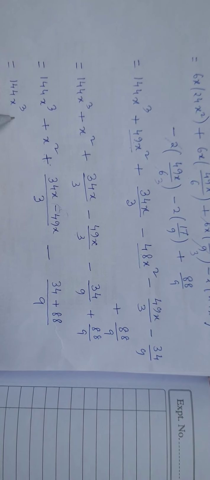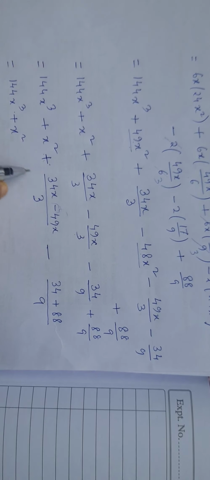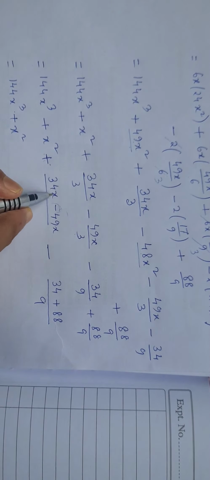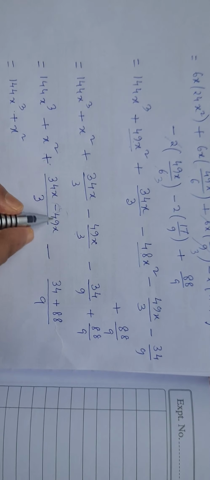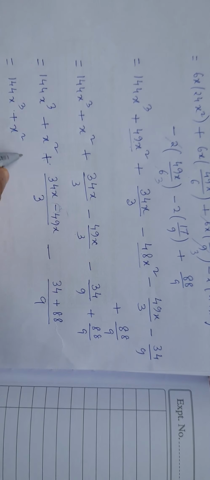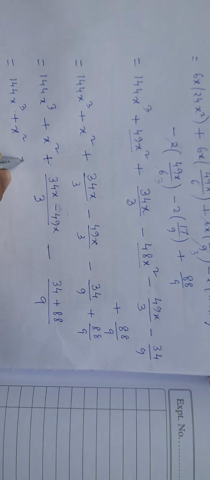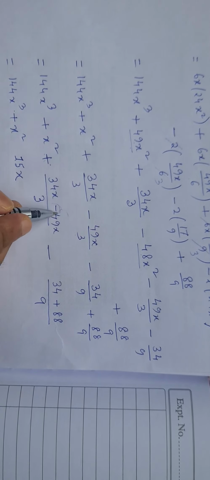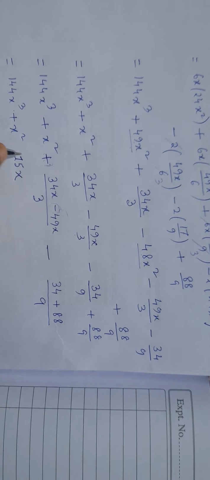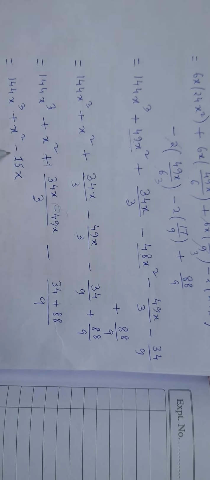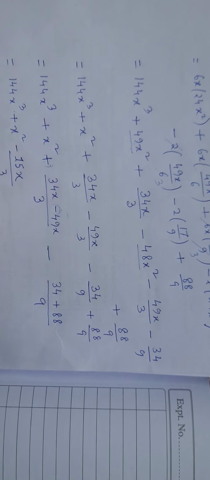So this can be written as 144x cube plus x square. Now 34x minus 49x, which is 15x. Now since here the negative sign is greater, therefore it will replace this plus sign and we'll write minus 15x divided by 3.